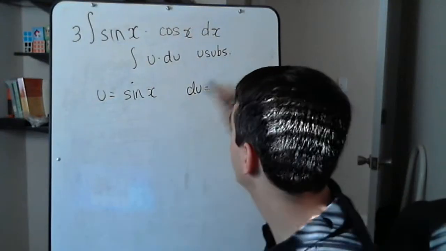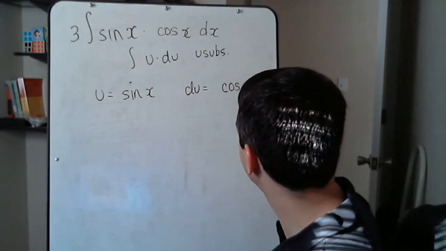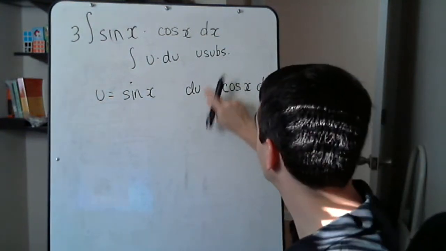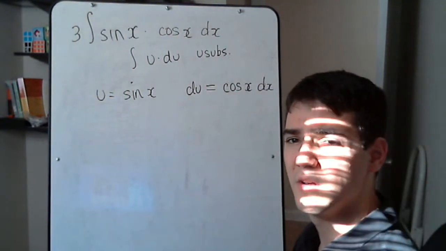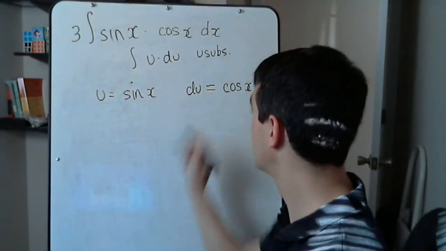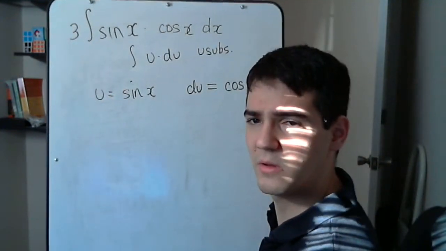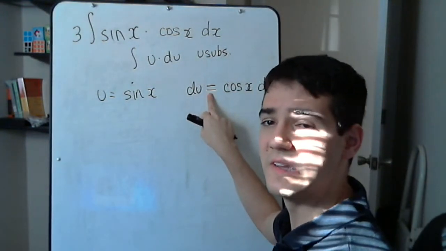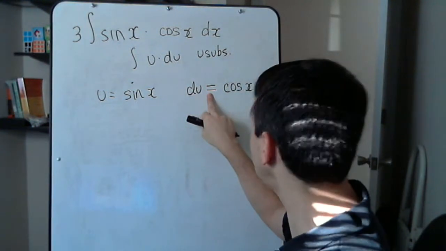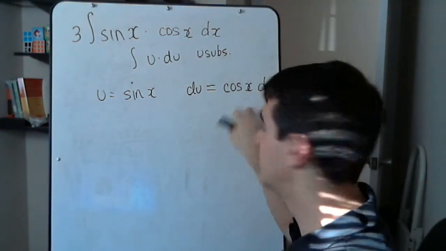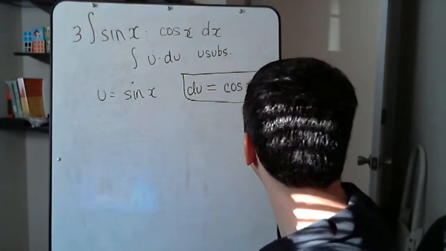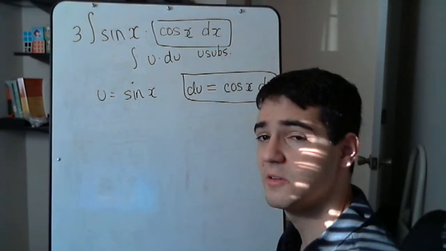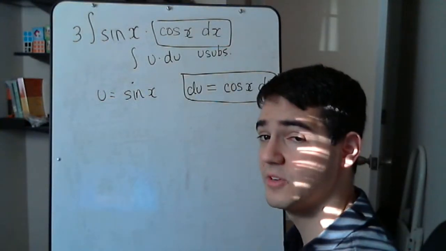The derivative of sine x is cosine x dx. Oh, sorry, you guys. That right there might look like a minus sign, but it's an equal sign because I have a glare. So du equals cosine x dx, and wouldn't you know it, that looks just like that. So we don't have to make any changes whatsoever.